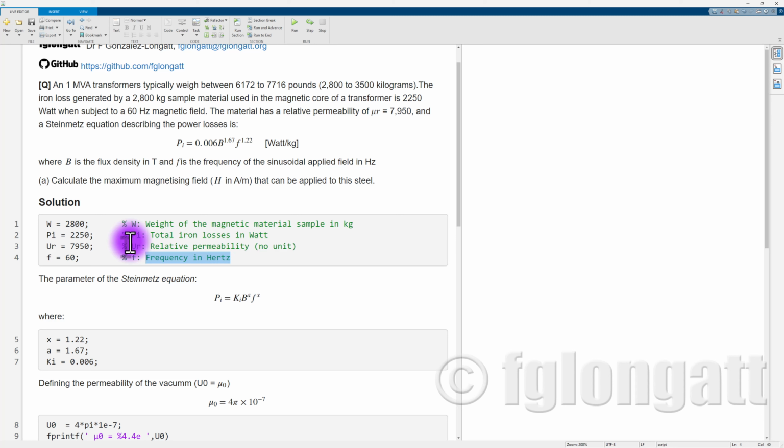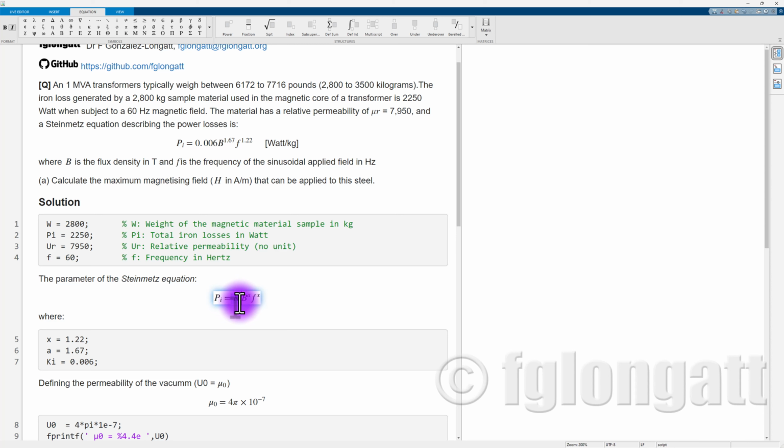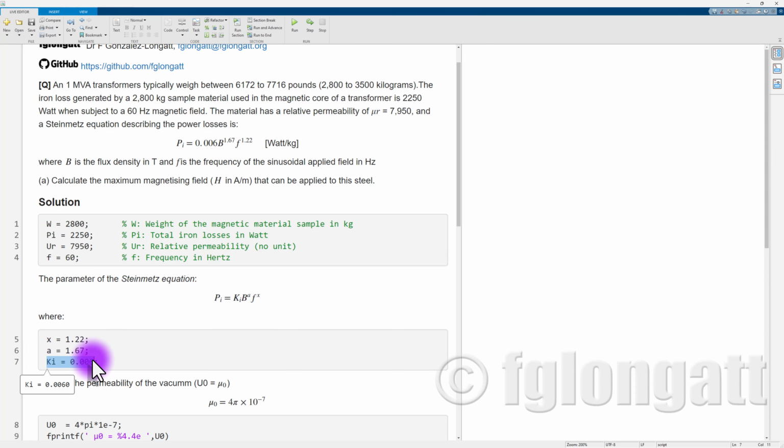So the starting point for the solution is, I would like to remind you the whole equation of the statement equation for active power losses, iron losses. So we have here a coefficient Ki that is 0.06.